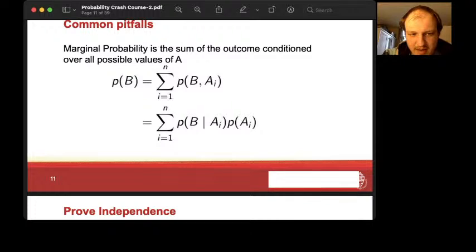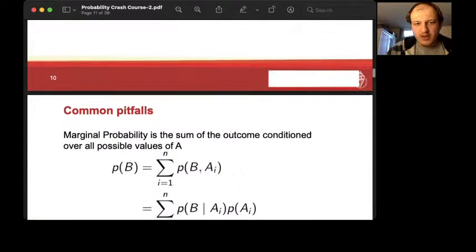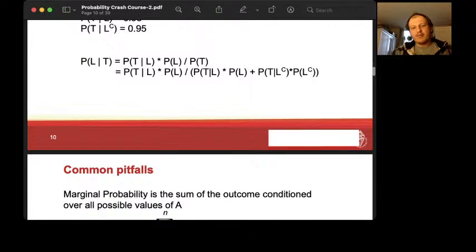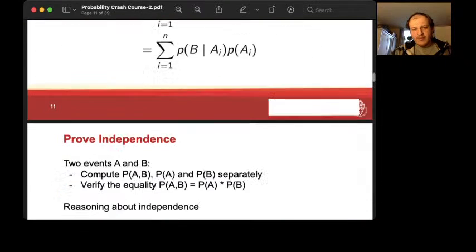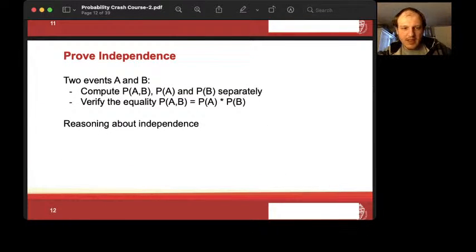So you have some event B, and if you know the different conditional probabilities of that event, you need to sum up over all possible states of A to get the marginal probability, because sometimes you don't know exactly the probability of B. This is the denominator in Bayes rule. Okay, so I can continue with independence.